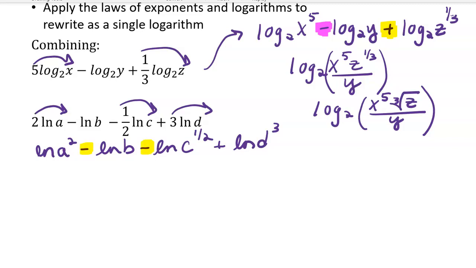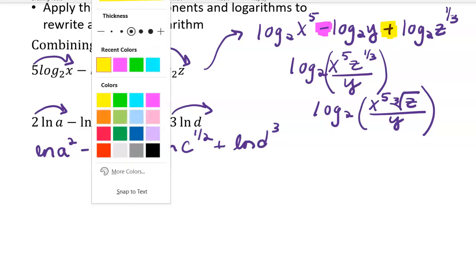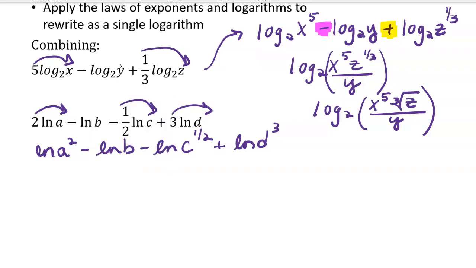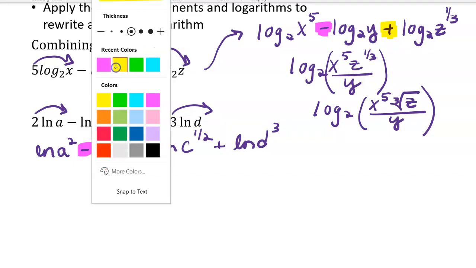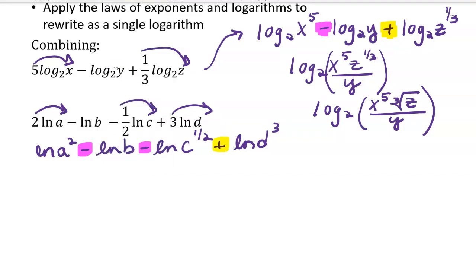Okay, and then notice we've got subtraction here and here. Actually, I'm going to undo that because I want to stick to the same colors I was using before. So I used the purple there. Okay, so purple, purple. That's your quotient rule, and then we have addition there. So be very careful how you set this all up in your next step.